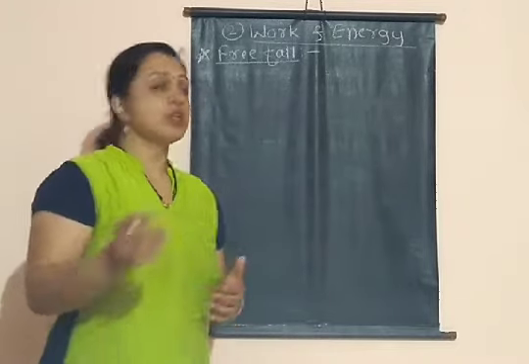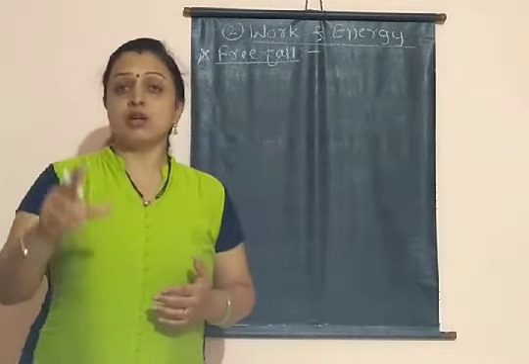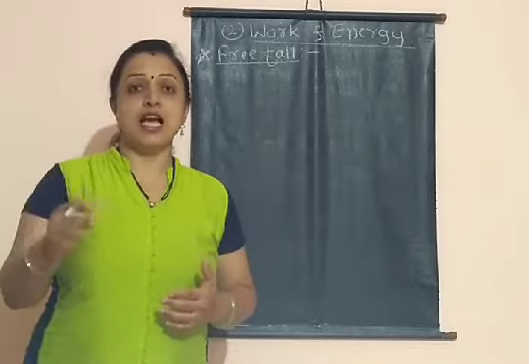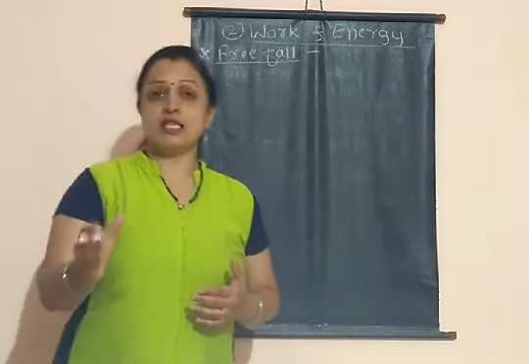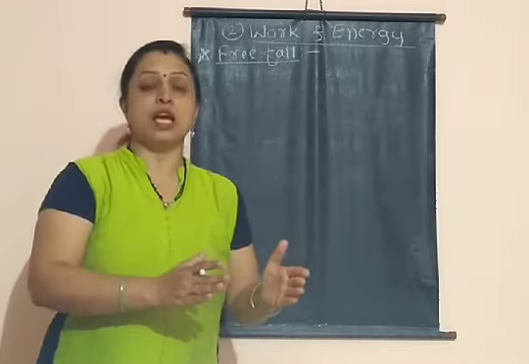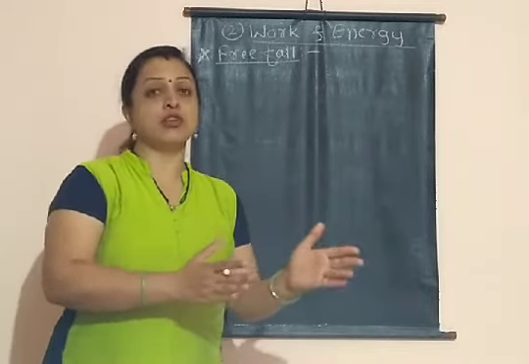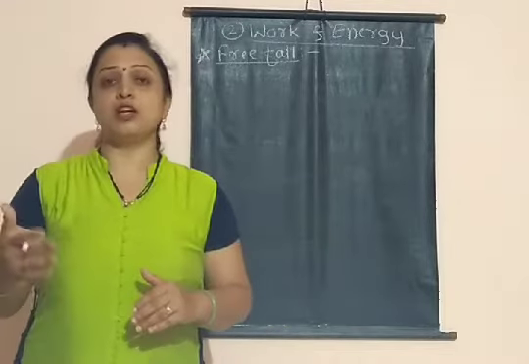Got it? In this case we consider three different heights, and at these three positions we have to find the kinetic energy and the potential energy of the object, and from those find the total energy of the object at these different positions.